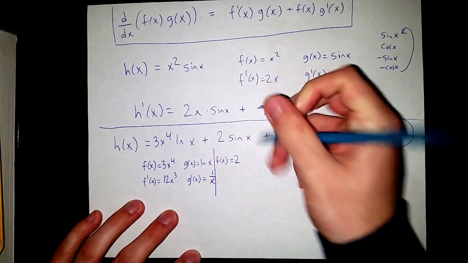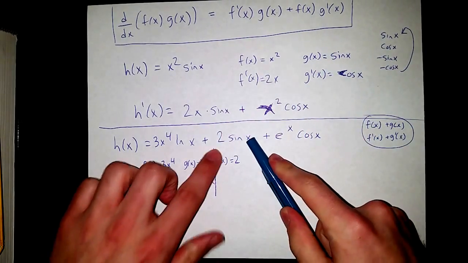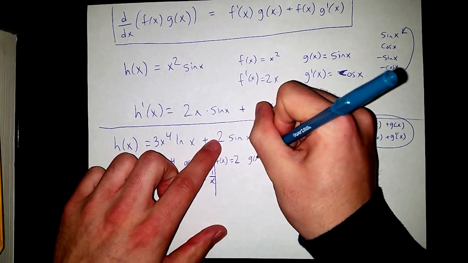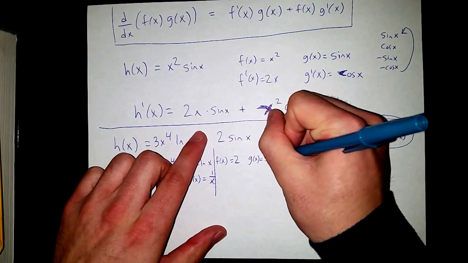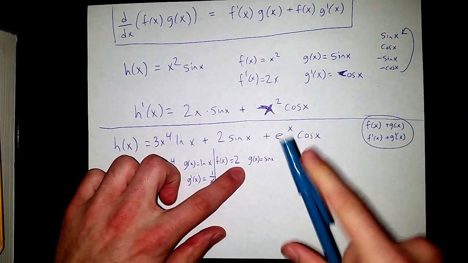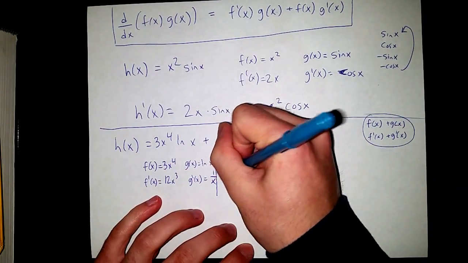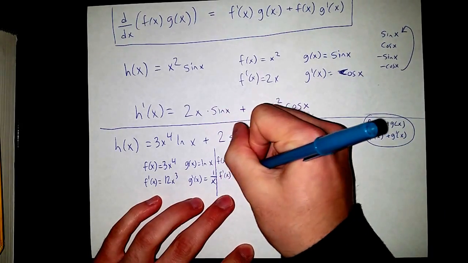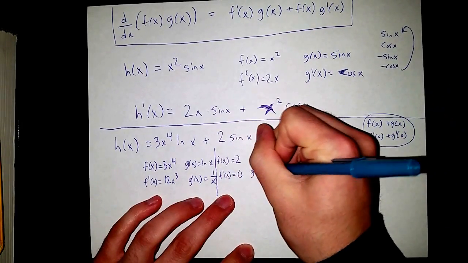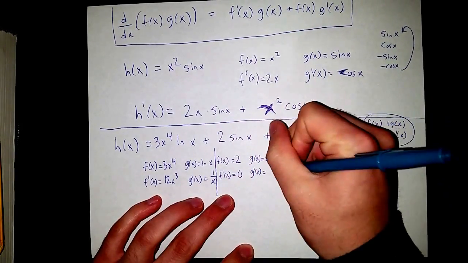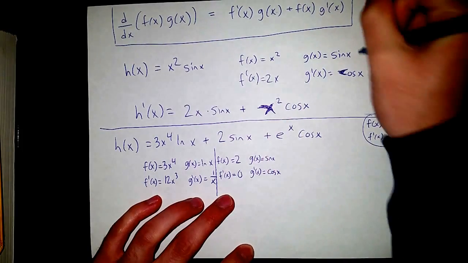For the next part, f of x equals 2. There's nothing that says we can't split this one up, so we have 2 times sine of x. The derivative of a constant function is 0, and the derivative of sine is cosine.